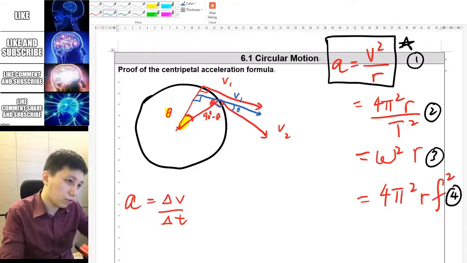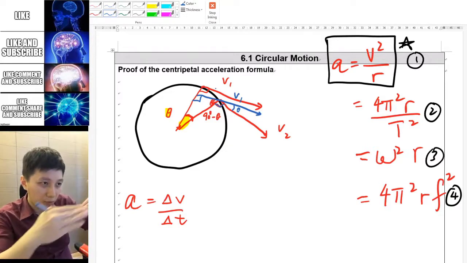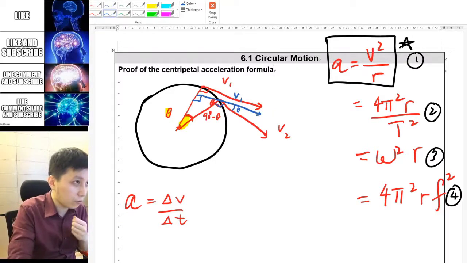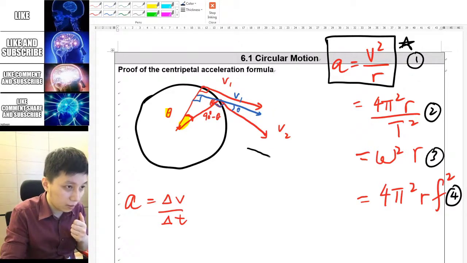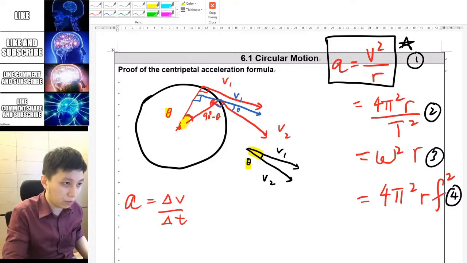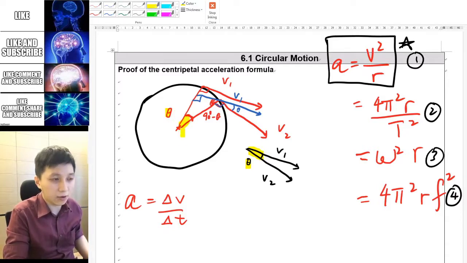If you shuffle the v1 around towards this, then you should be able to find a triangle like this, v1, v2 with the angle theta. That means this angle between v1 and v2 is the same as the angle from the center of the circle.